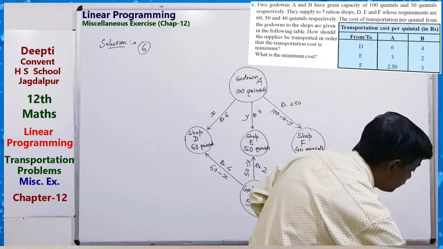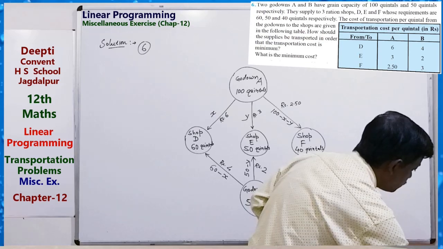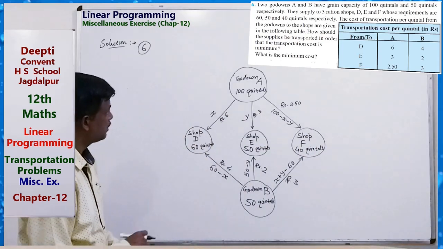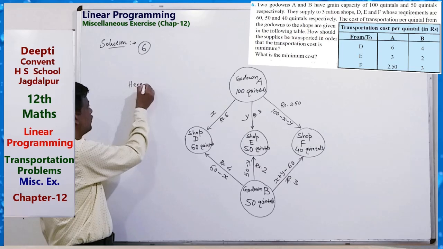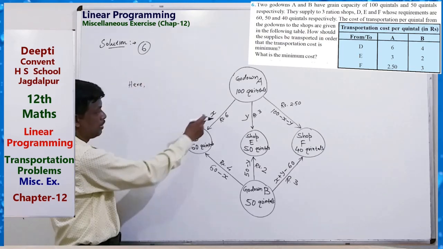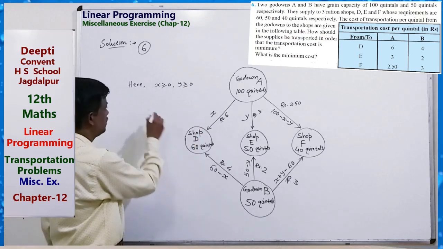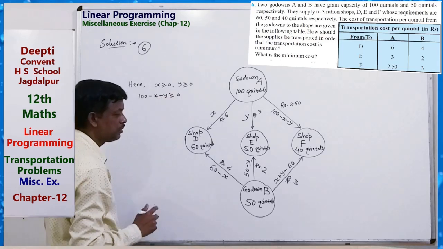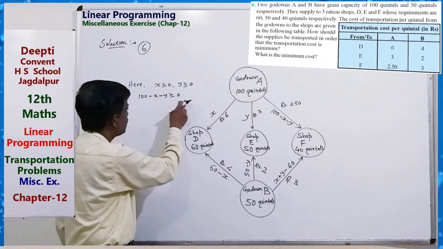So write X greater than or equal to 0, Y greater than or equal to 0, and similarly 100 minus X minus Y is greater than or equal to 0. Taking X plus Y to the right-hand side, X plus Y is less than or equal to 100.